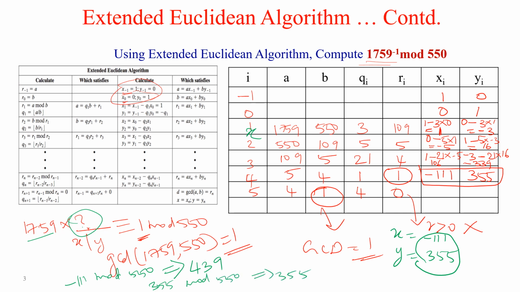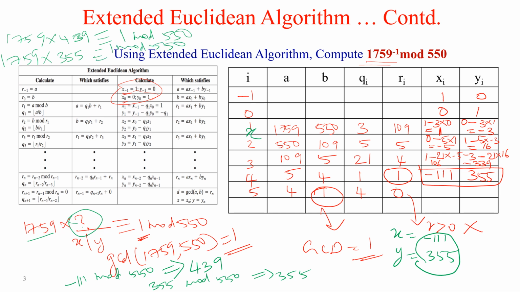So now you have to apply these two values here, that is 1759 into 439, whether it is equivalent to 1 mod 550. Another is 1759 into the next value, 355, is it equivalent to 1 mod 550?